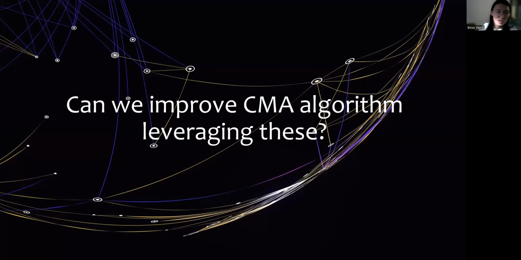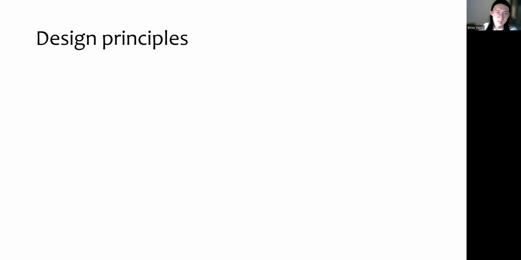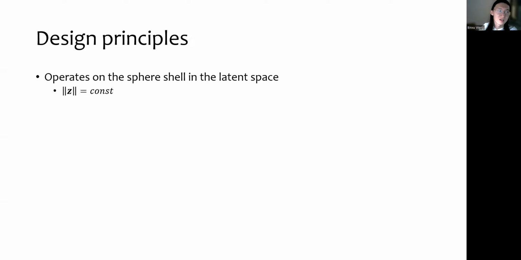So can we use these lessons to improve CMA-ES algorithms? The design principle we want to leverage is first, we want to operate on the sphere instead of the whole latent space because a higher contrast is usually good. Also, we think we can just use isotropic exploration instead of using a varying covariance matrix.